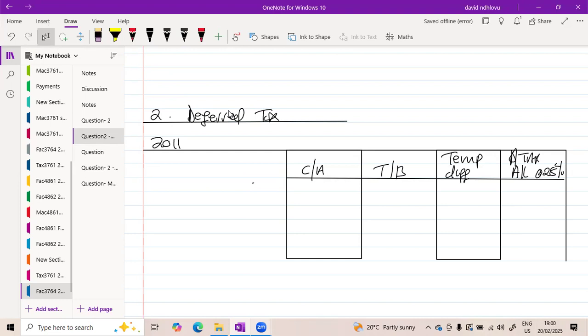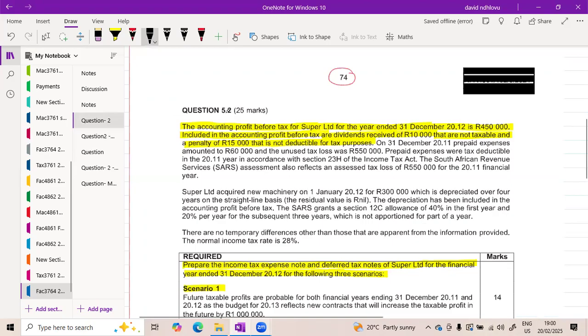By temporary differences. So when we go to the question, they say on 31 December of the year 2011, prepaid expenses amounted to 60,000 and unused tax losses amounted to 550,000. Prepaid expenses were deductible in 2011 in accordance with Section 23 of the Income Tax Act.